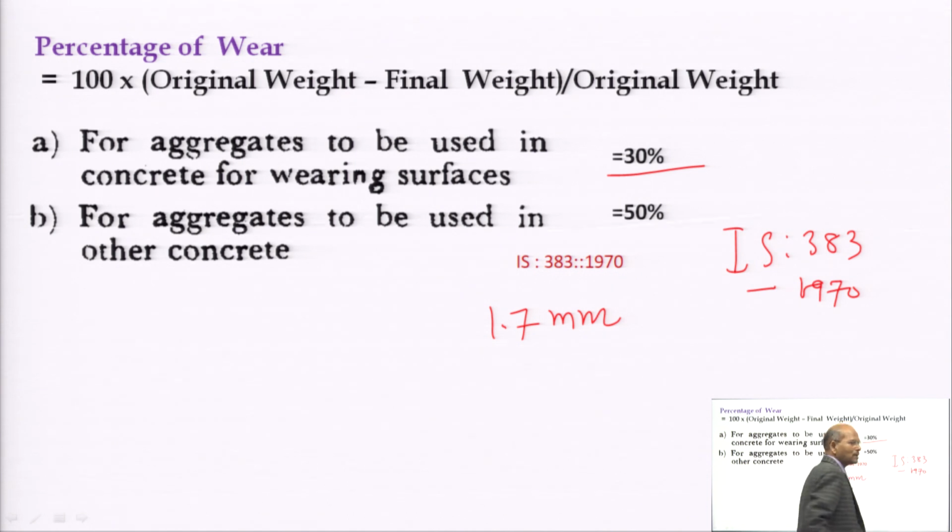So, that also you have to download and see the quality of material here. Okay. So, if you want it for general other purpose, this should not be more than 50%. If it is more than 50%, then this type of aggregate cannot be used for concrete purpose. So, that is very very important here. So, these values must be remembered.